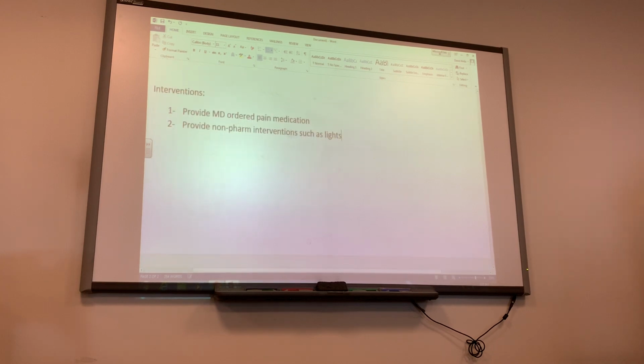Lights, room temp, what else? Make the patient comfortable. But how? Getting pillows. Okay, blankets. What would it be called? There's a term for it when you're hugging a pillow. Comfort measures. But that's why we said provide non-pharmacological.